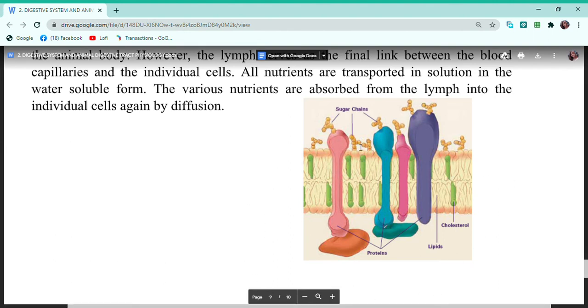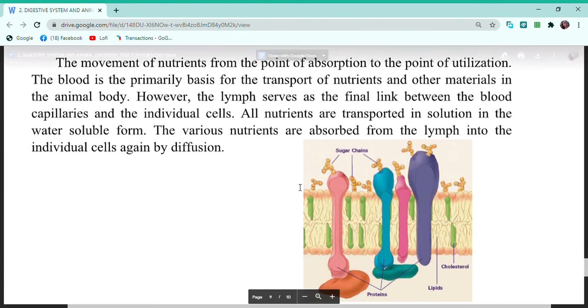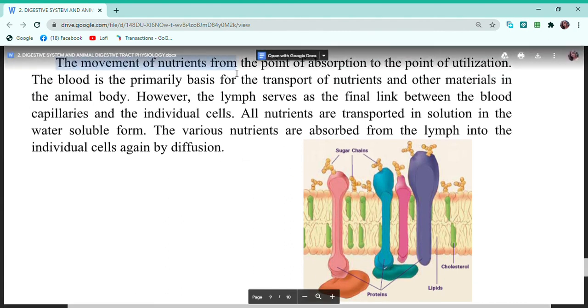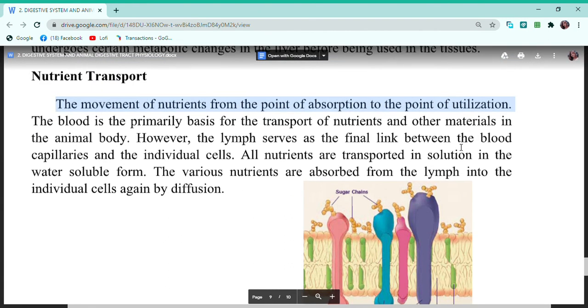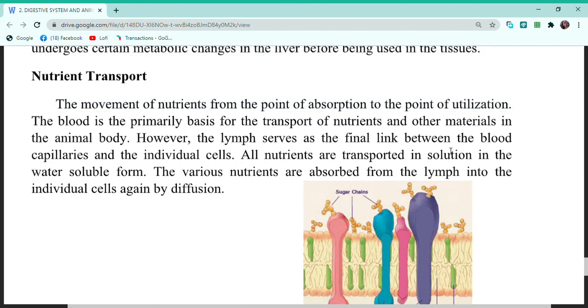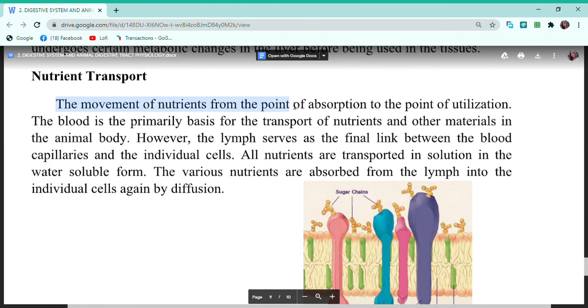Okay, so in nutrient transport, the movement of nutrients from the point of absorption to the point of utilization. That's the meaning of nutrient transport. So ano yung point of absorption?